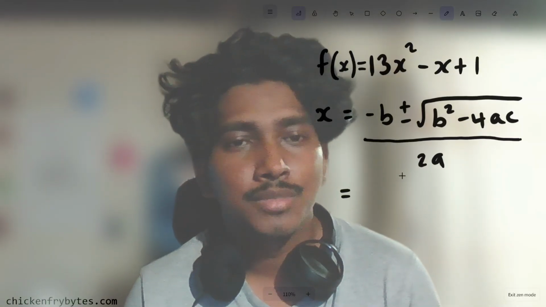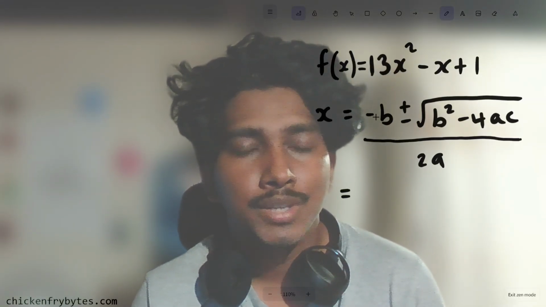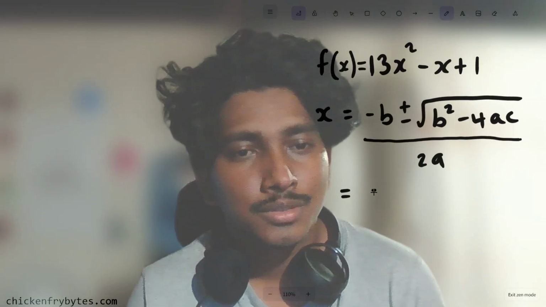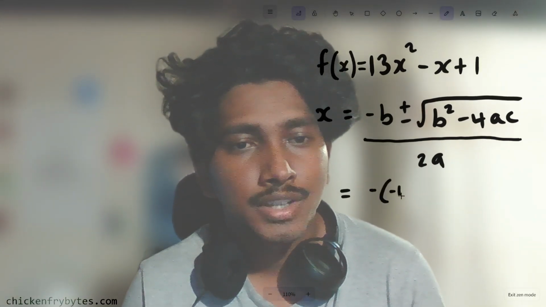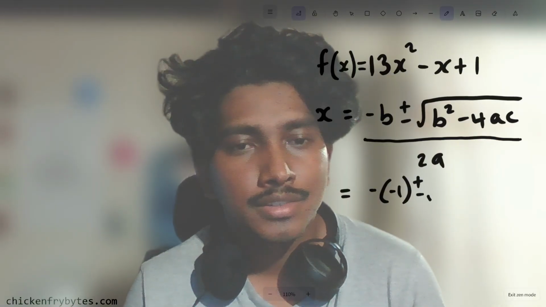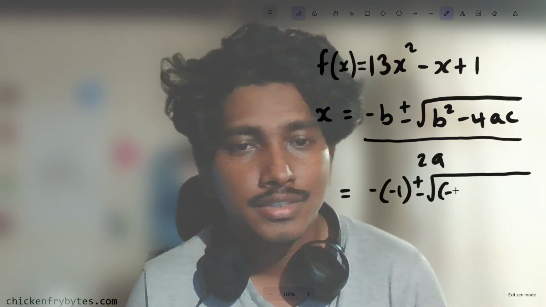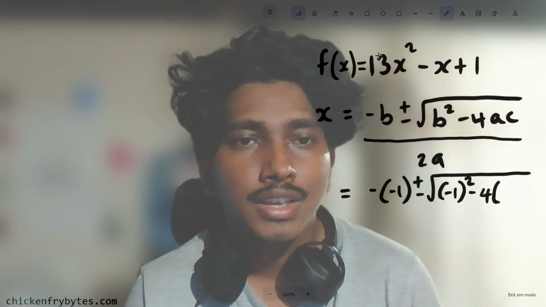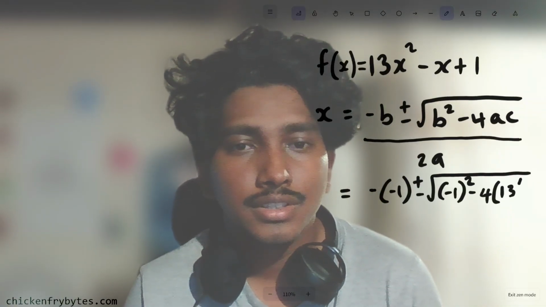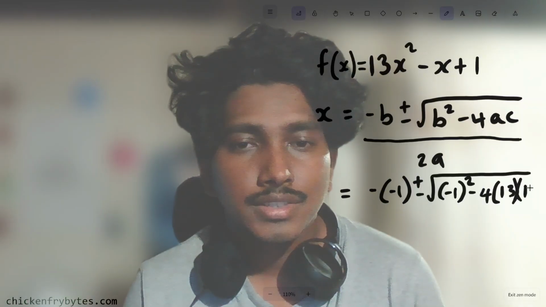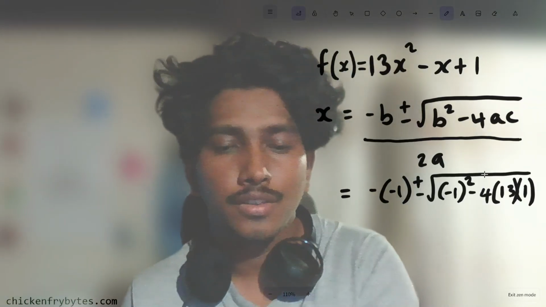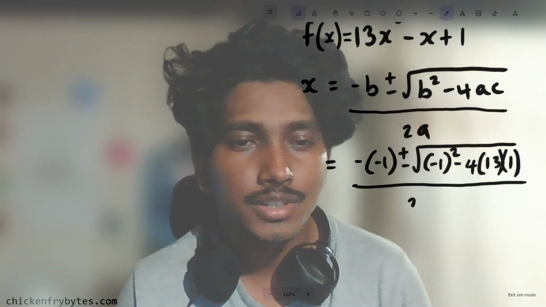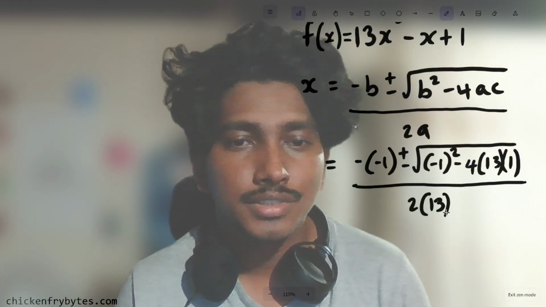So what this will end up being is, well, we know that b is -1. So we have negative of negative b. I'll write it as negative of -1 plus or minus the square root of b again, which is -1, of course, all squared, minus 4 times a, which is 13, and c, which is 1, all divided by 2a, in which case we have 2 times the 13.